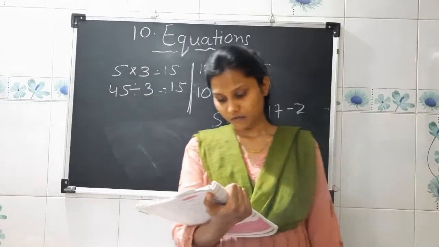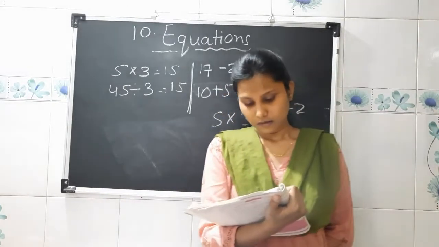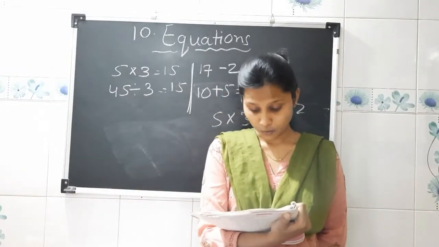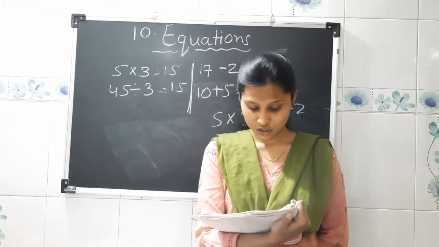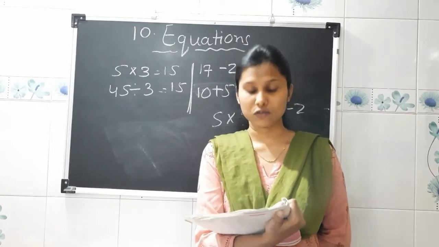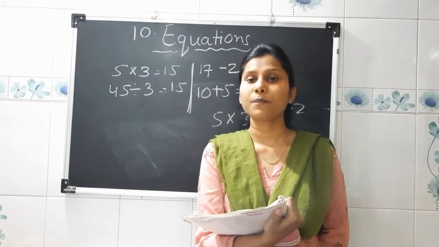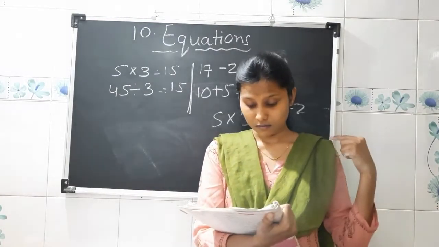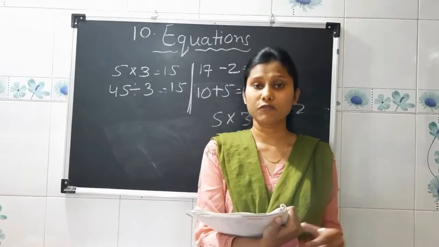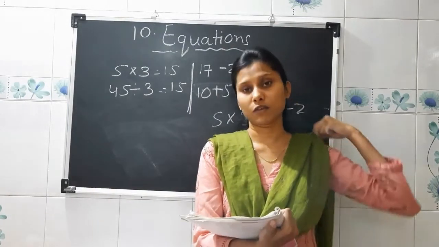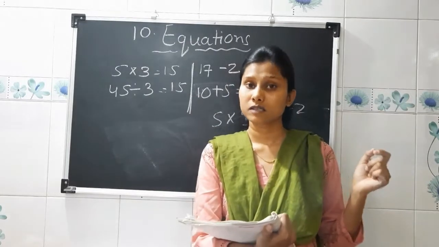There may be different operations on the left and the right hand side. Such an expression of equality is called an equation. So the mathematical operations may be different, but the result given by them will be the same, that is equal.